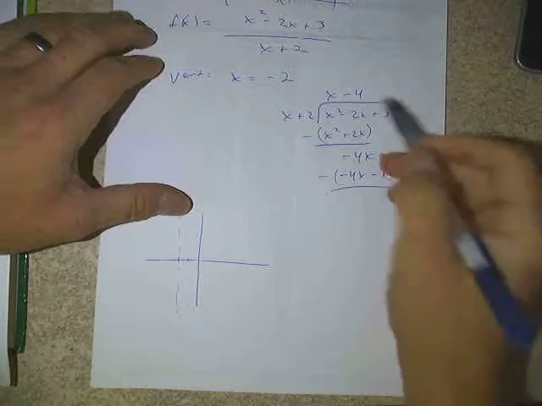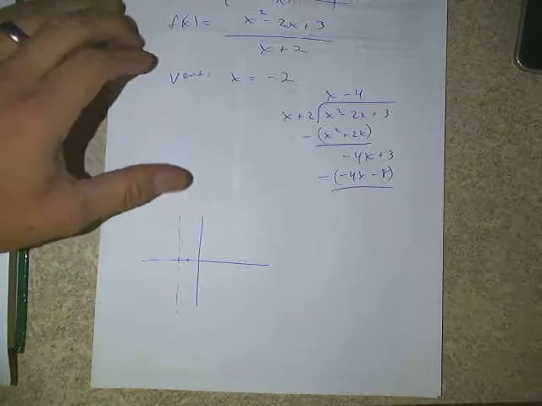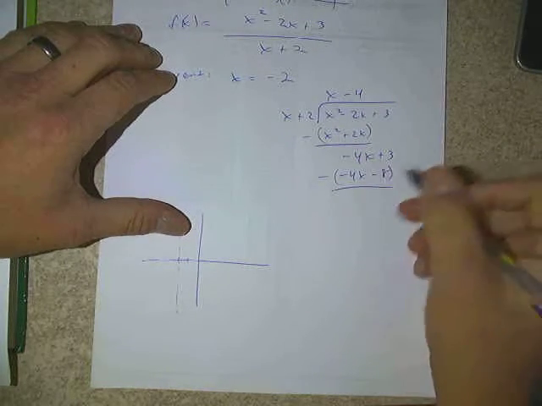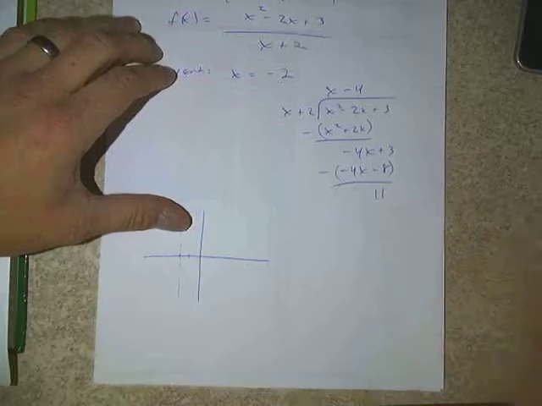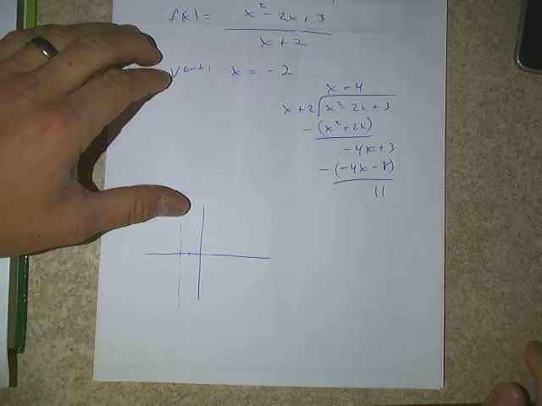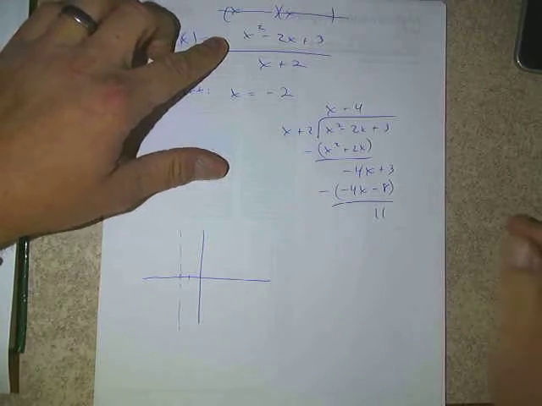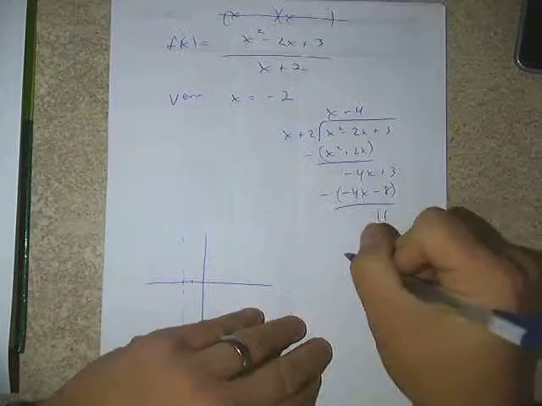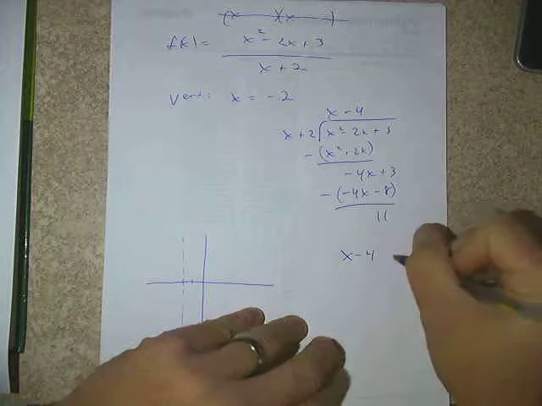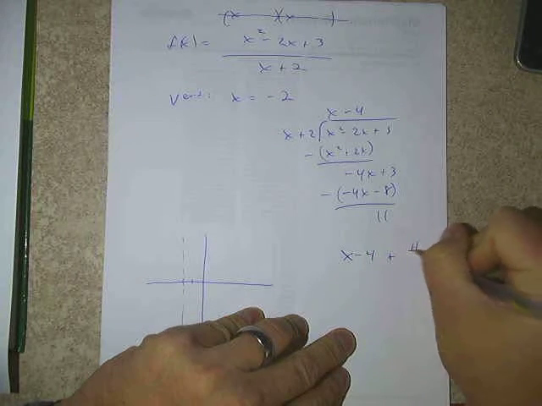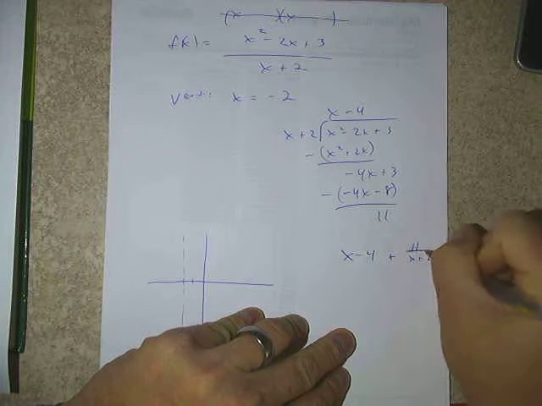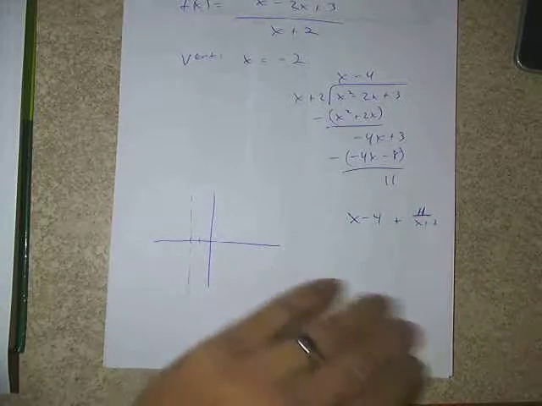I distribute -4 times each of these. And then if I subtract, I'm going to get -3, and I wind up with an 11. So in mixed number form, again, this being essentially like improper fraction form, my same equation would be x minus 4 plus 11 over x plus 2.